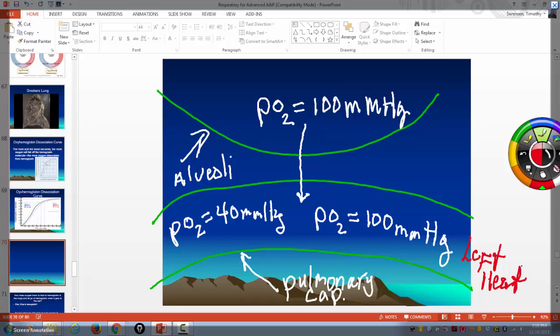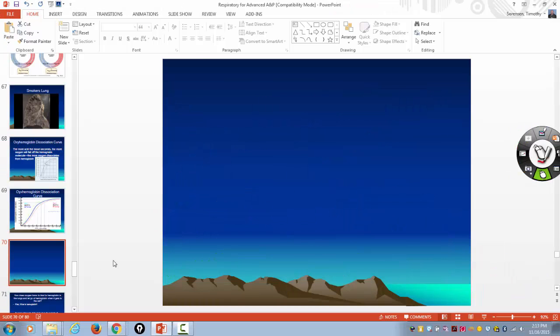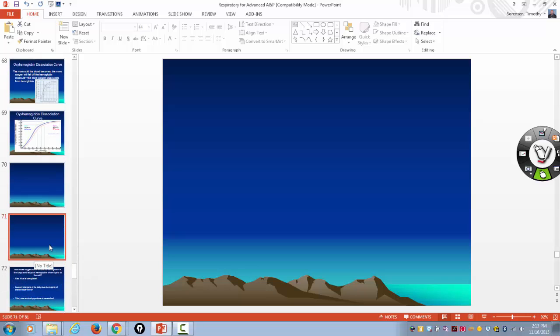Right? And all of that blood that goes from the lungs to the left side of the heart, when the left ventricle contracts and sends that newly oxygenated blood, it's going to send it down to the cells.